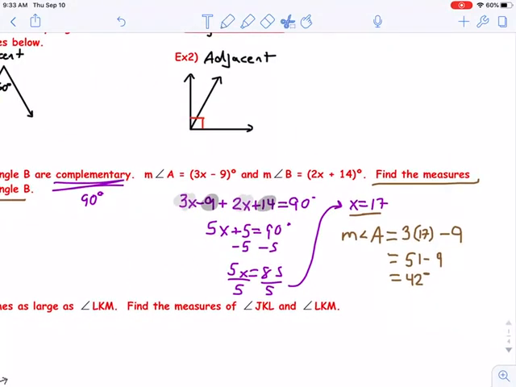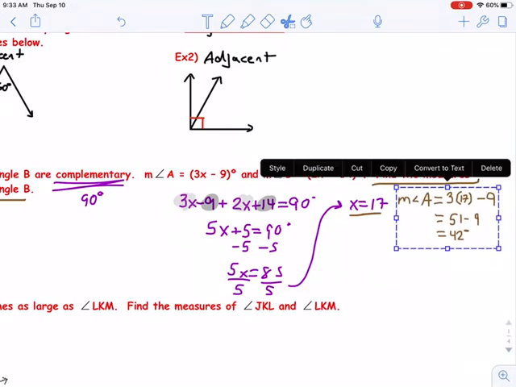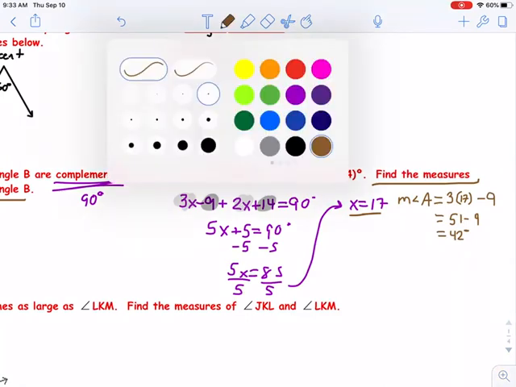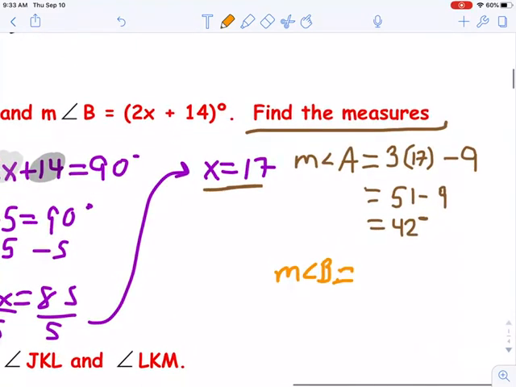I'll make this a little smaller so I can cram this all in. Now I'm really nervous. Why? Because the angles are complementary, so I know I can do it in my head really fast. The measure of angle B has to be 48 degrees. Technically, I don't have to plug it in. I just say 42 plus 48 is 90 degrees.